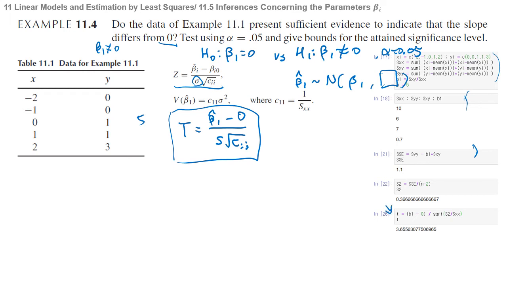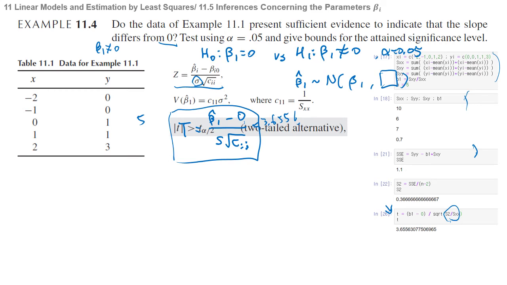T is b1 minus 0 divided by the square root of s squared divided by Sxx, which is the variance of beta 1 hat. And we get the number 3.65556 or so.